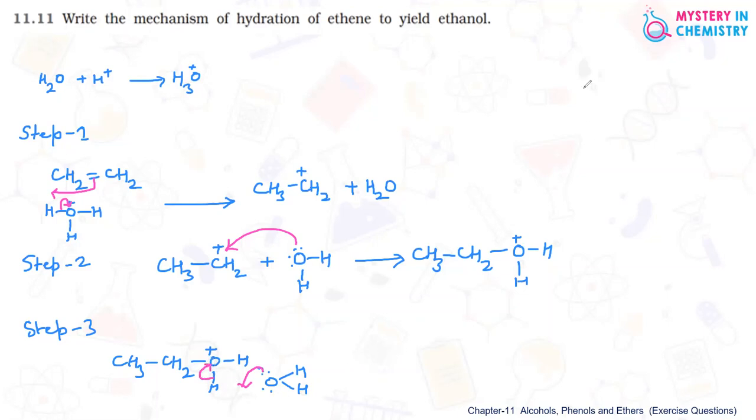And by this, we are getting the final compound, that is ethanol. So CH3, CH2, OH, and hydronium ion, H3O plus is formed. So this is how in 3 steps the reaction is taking place.